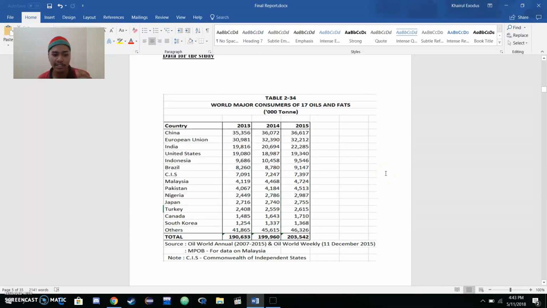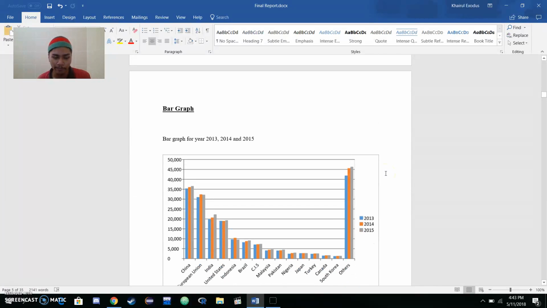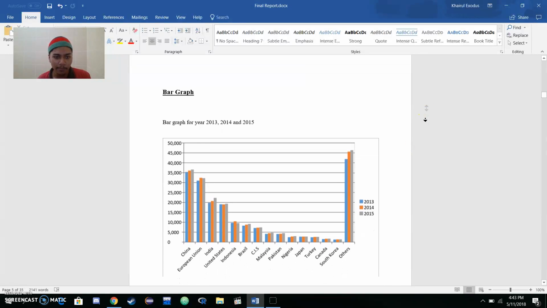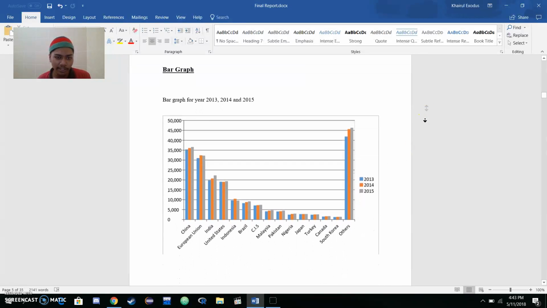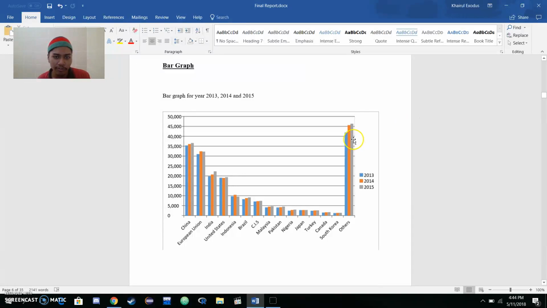We will see the bar graph that we did, for the years 2013, 2014, and 2015, combined together. As you can see here, the highest one is others, which is the combination of several countries.